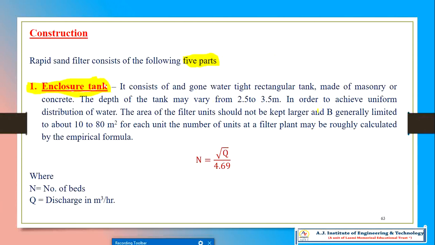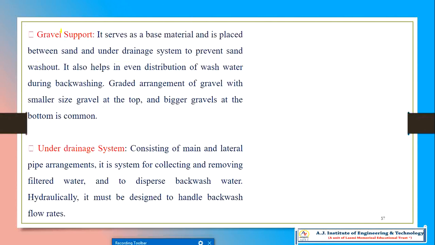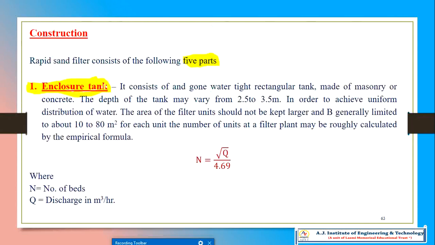The enclosure tank consists of a watertight rectangular tank, a masonry or concrete structure which should be watertight, as I explained in detail here. That is the chamber, also called the enclosure tank. The depth of the tank varies from 2.5 to 3 meter.